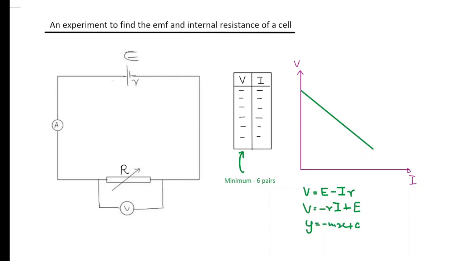Now you can clearly see the gradient of the graph gives you the internal resistance, and the intercept gives you the EMF. So it's very easy to figure this out. So this value here gives you the EMF, and the gradient of the graph can be used to work out the internal resistance, lowercase r.